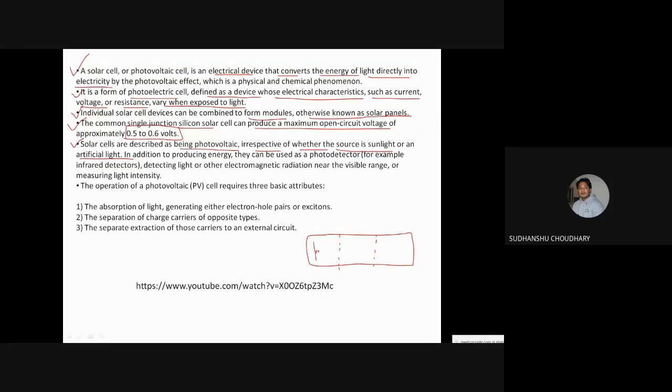The working principle is that when you shine light on this, the light will create electron hole pairs, which are also called excitons. So the first thing is that the light generates or creates excitons.